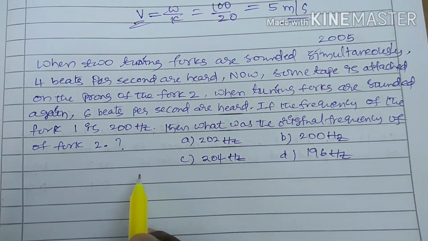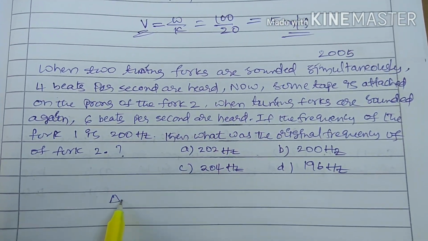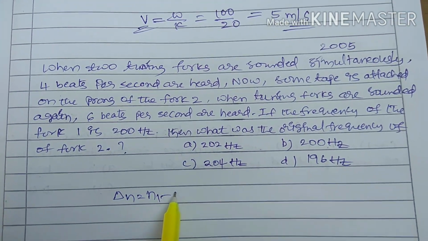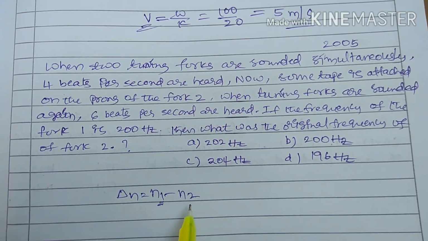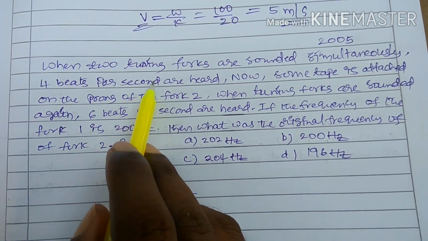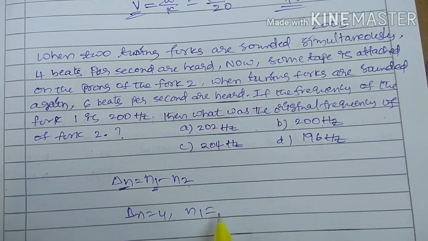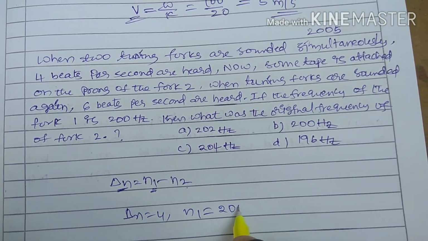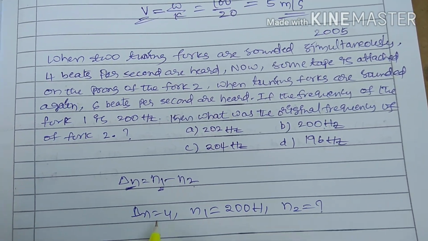So here the beat frequency, delta n, is equal to n1 minus n2. Here n1 was given as 200 Hz. What is n2? Delta n is 4 beats per second. So delta n is equal to 4 and n1 is equal to 200 Hz, and how much is n2?